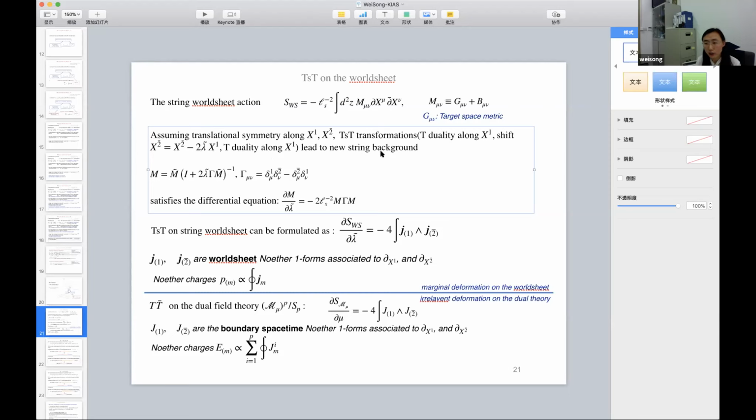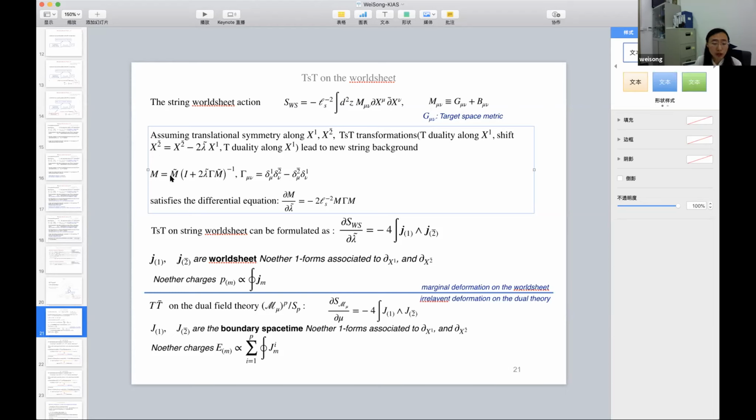This would lead to a new string background, and after the deformation we will have a new metric and background B field, or alternatively, a new M matrix.